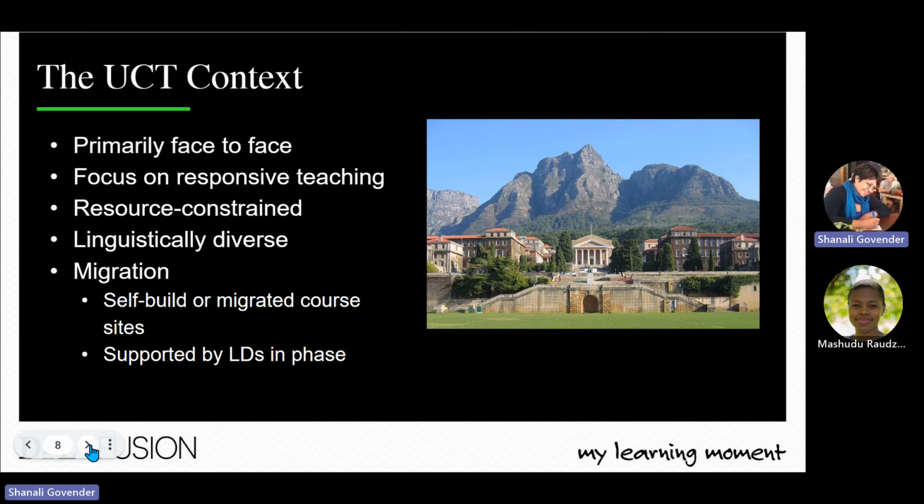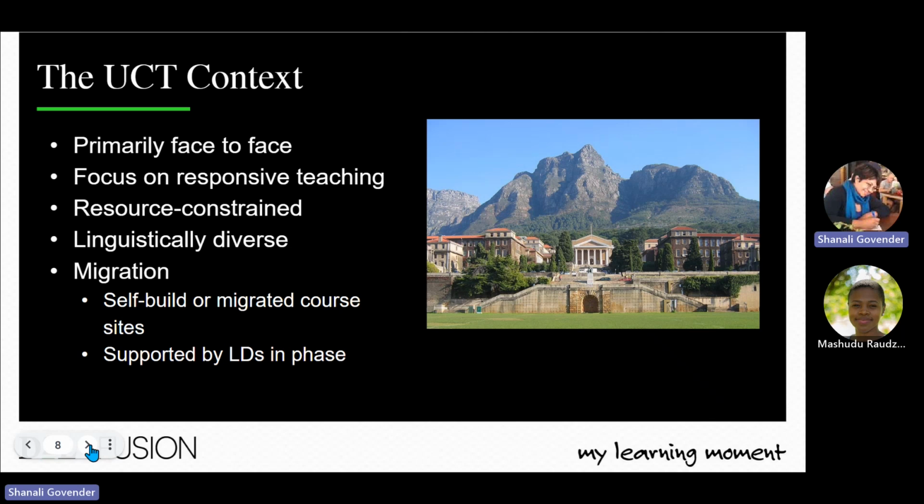What this means is that most staff don't have access to a learning designer. They don't have access to a graphics specialist. Neither do they have access to people who maintain their Amathuba sites, Brightspace sites, full-time for them.